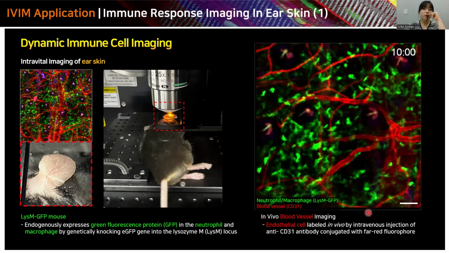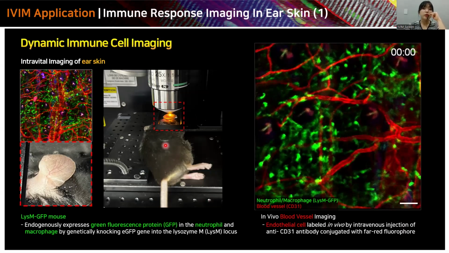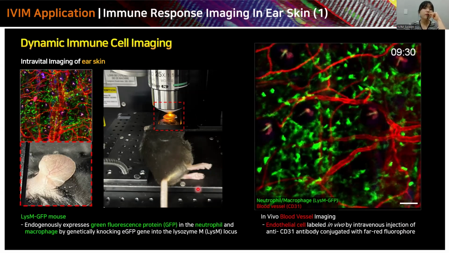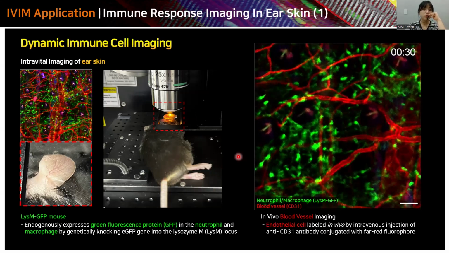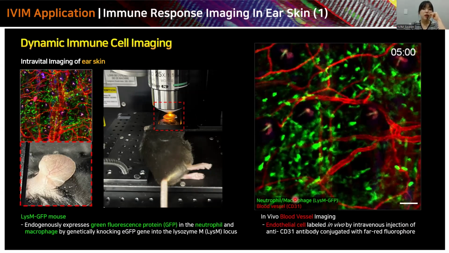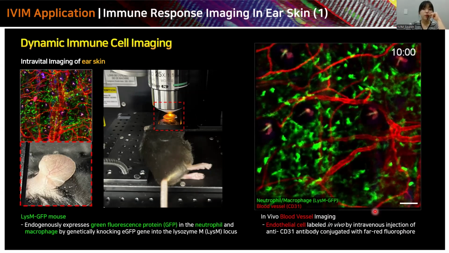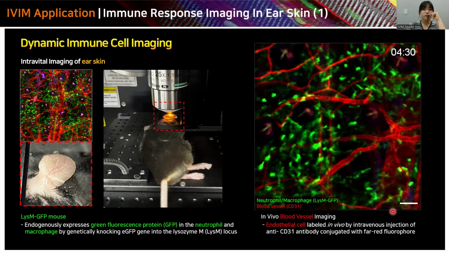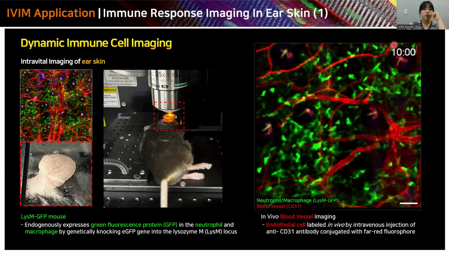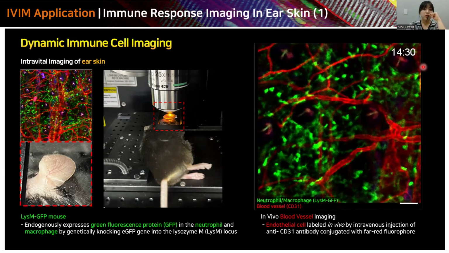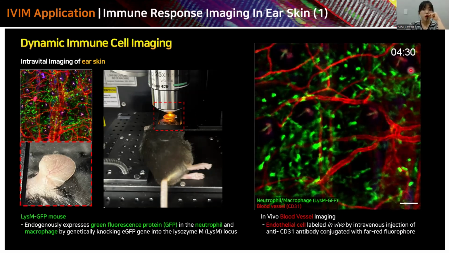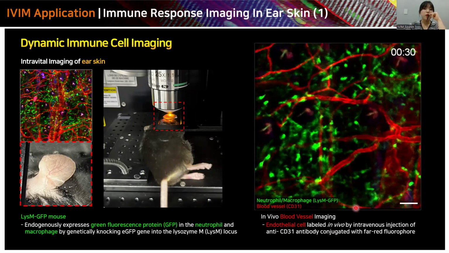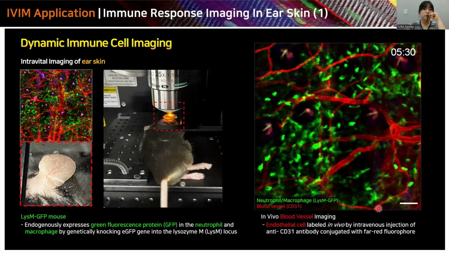And we performed imaging on the mouse's ear skin, while maintaining the mouse's optimal physiological condition. As you can see in the video on the right side, the blood vessels appear clearly in red. The time lapse footage, captured at 30-second intervals, also shows the green labeled immune cells dynamically moving in and around the vessels.